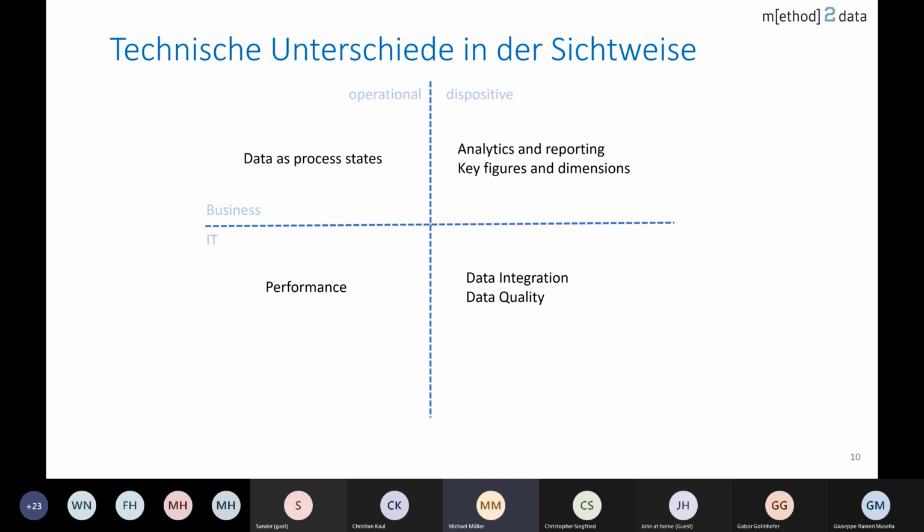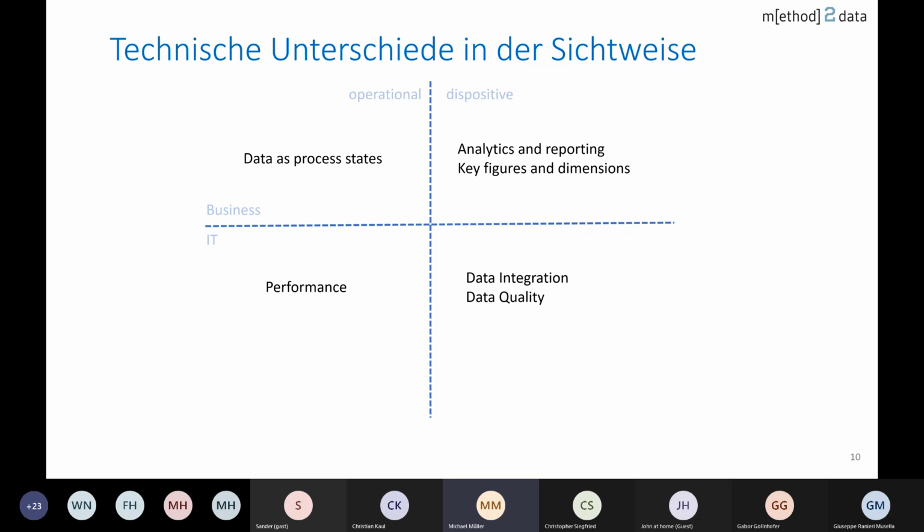And there are some things that are usually, if I have somebody from business doing requirements for an operational system, he does data as process states. He's interested in noting down the states of the processes, where on the dispositive side, he's more interested in analytics, in reporting key figures, dimensions, and already this goal sets a certain mind on how somebody looks at it.